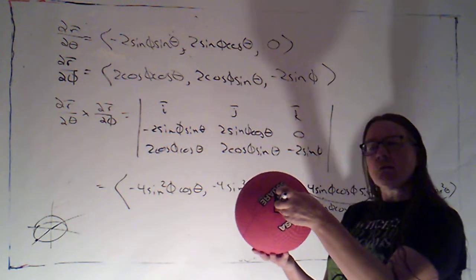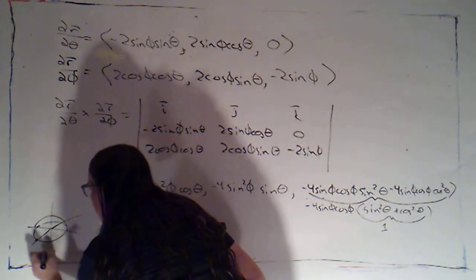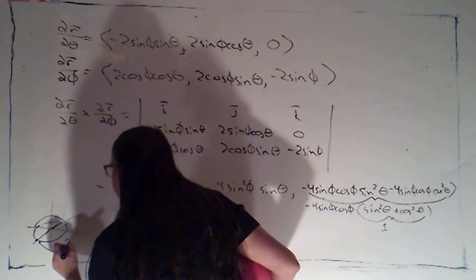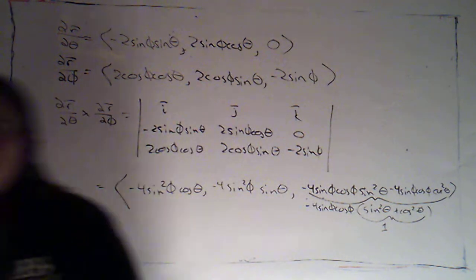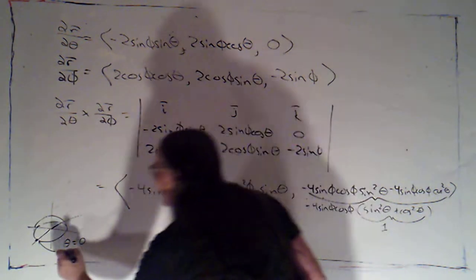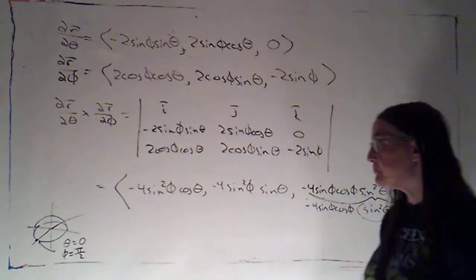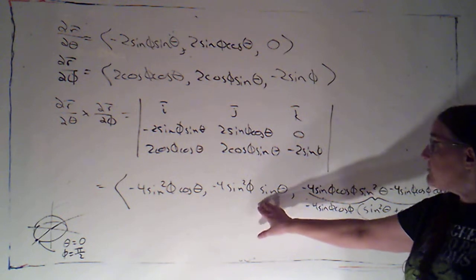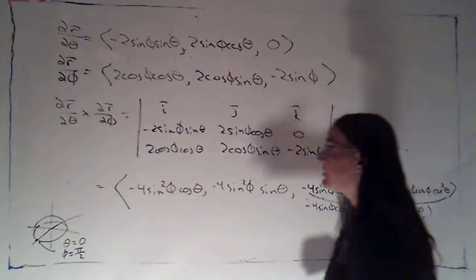Okay. So I'm going to check that point. And that point would occur when theta is equal to 0, because I'm on the positive x-axis, and phi is equal to pi over 2. So I'm just going to evaluate this at that particular point.